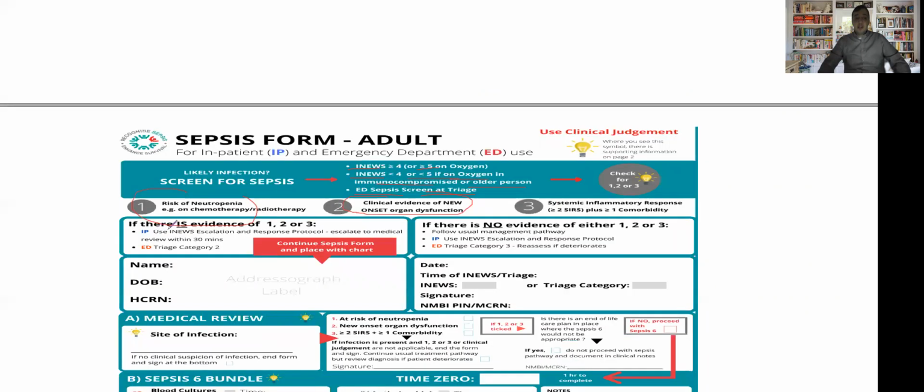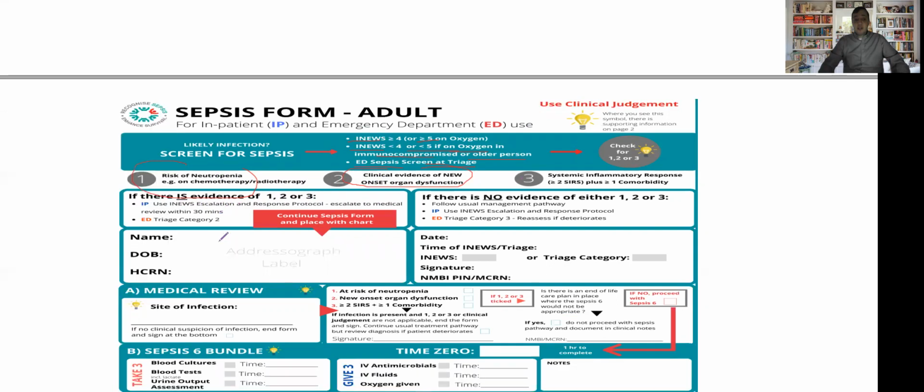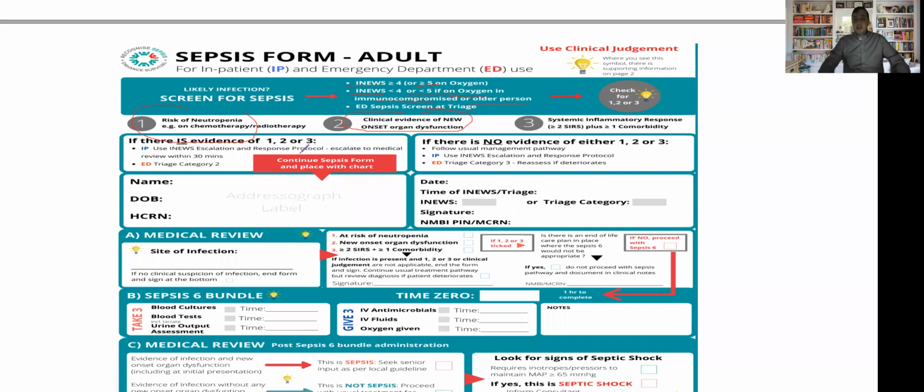If there is evidence of 1, 2, or 3, so either 1 and 2 or 1 and 3, this patient is highly likely to have sepsis.